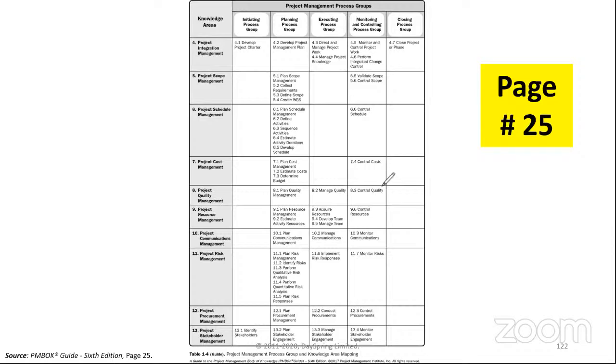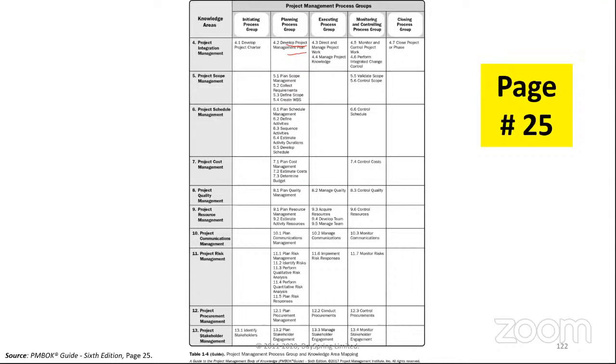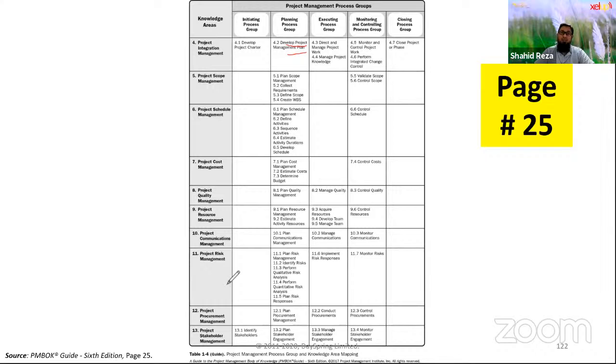So all the remaining 23 are part of the project management plan. Yes, you are right. Not only these 23, you will see some additional parts also. That I will discuss. All these 23 are known as subsidiary plans of the project management plan.